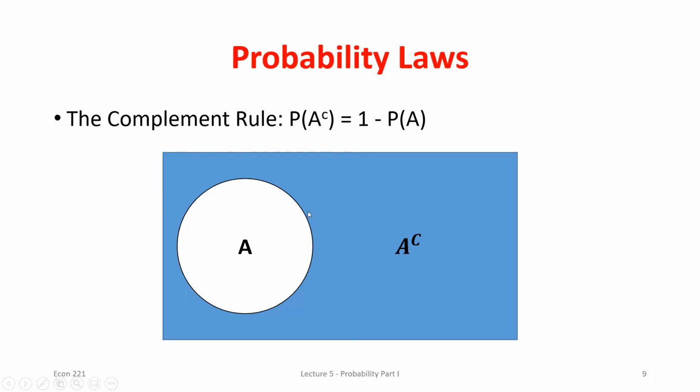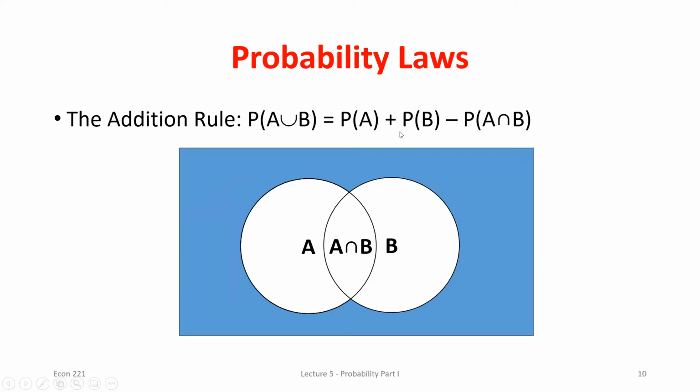I remember going over this last week. So now we're going to take some of these things that we know and build something a little more complicated, which is if we want to find the union of two events, I can break these down into different components.